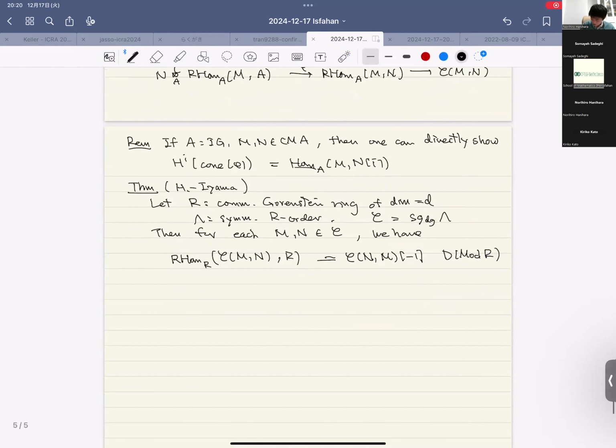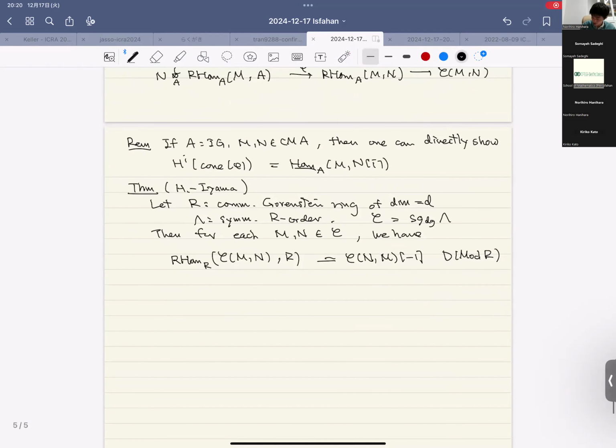Or, if we drop the objects and write it in the bimodule way, we can say the Hom over R from C to R is isomorphic to C shifted by -1 in the derived category of bimodules. And a corollary.